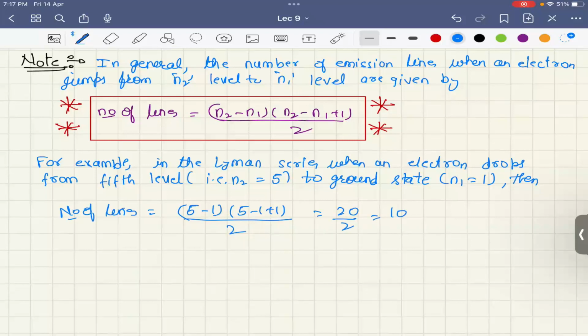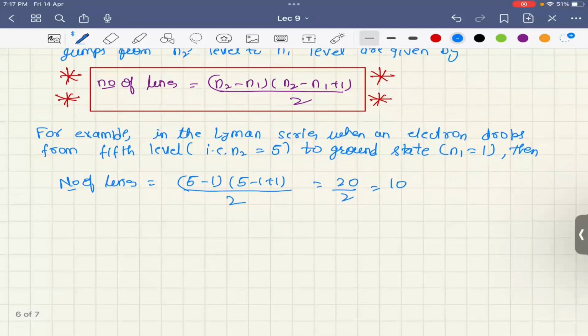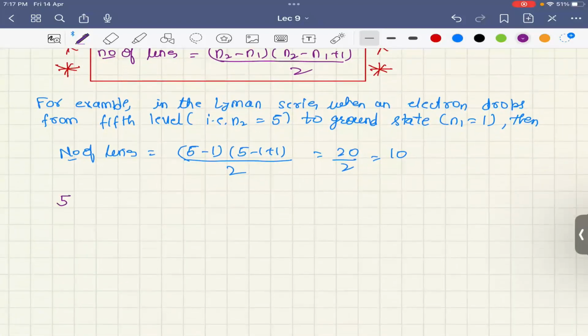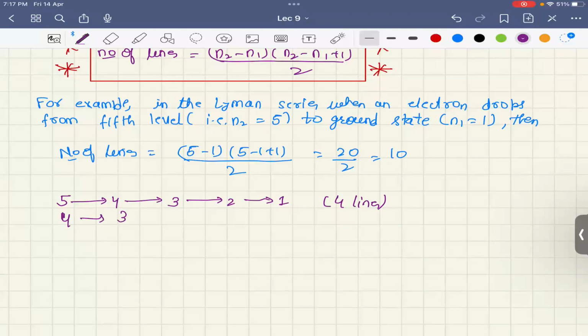And how would these lines be? These lines would be in the following manner. Let's say it's at 5. It will go from 5 to 4, then 4 to 3, 3 to 2, and 2 to 1. So these are 4 lines. Let's say it's at 4: 4 to 3, then it can go 4 to 2 or 4 to 1.